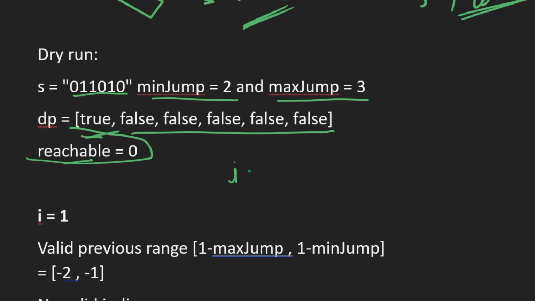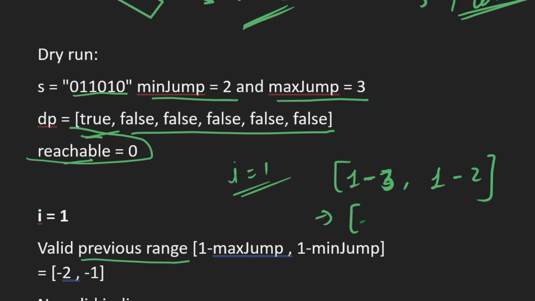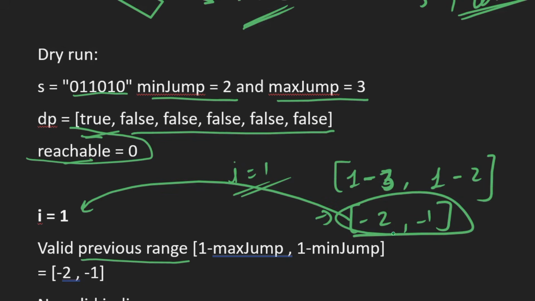So at index number I is equal to 1, what is the valid previous range from which we can jump? So that is 1 minus max jump, max jump is 3, and 1 minus min jump. That is minus 2 comma minus 1. So these are the range of the indexes from which we can jump to I is equal to 1.